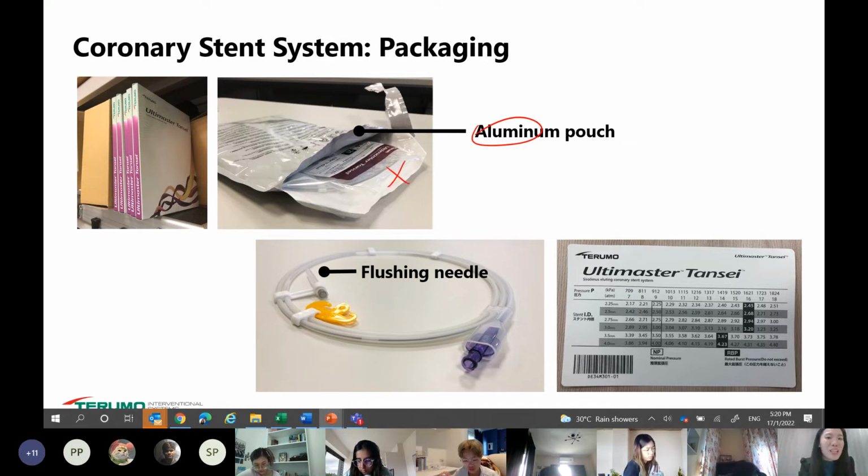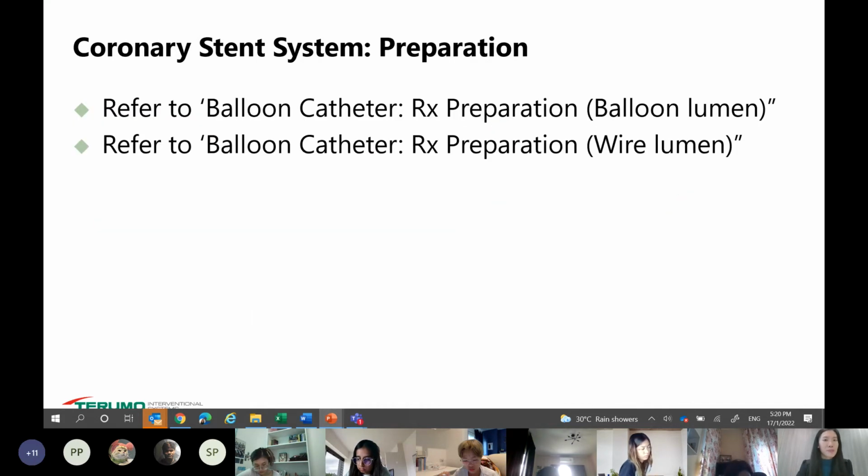Even this blister pouch in the aluminum pouch is not sterile. What is sterile is the holder tube and the compliance chart. Since it's an RX device, it has this flushing needle so that you can flush the wire lumen. So it's the same as a balloon catheter preparation, so you can refer to that material if you need. It's here.